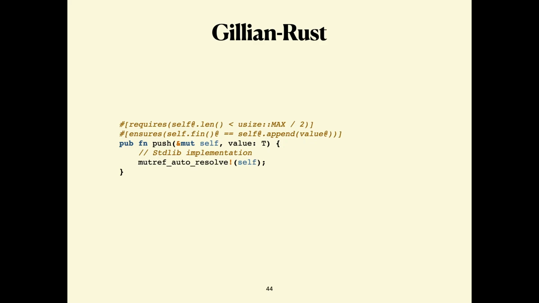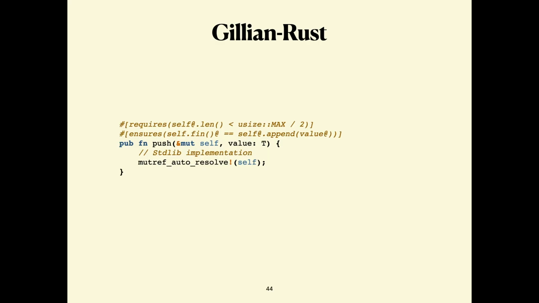And we also say that after the call to push, self will hold whatever it had before with the value t appended to the end. This is again working at a very high level. We're saying a vector is a sequence of values. When you call push, you just add something to the end of your sequence of values.